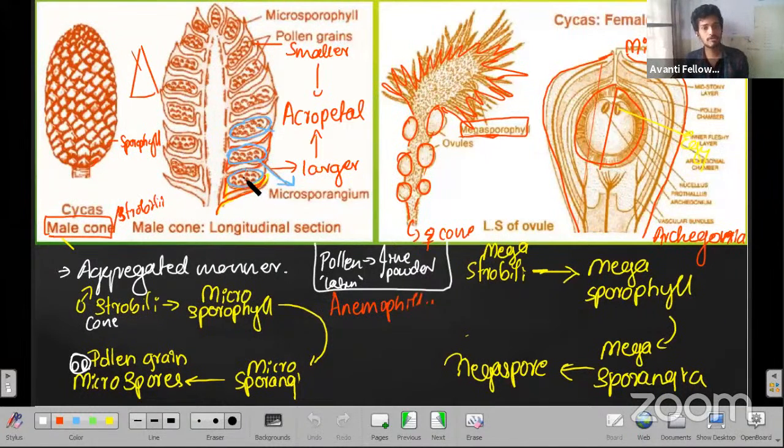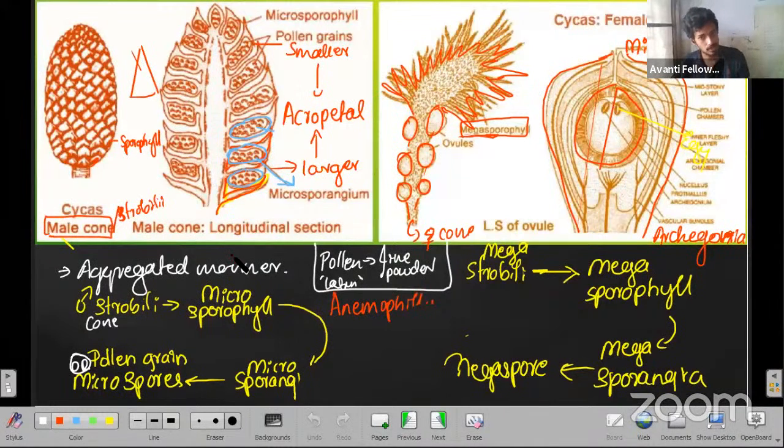Each microsporophyll contains sac-like structures containing microspores, called Microsporangia. The microspores are arranged in a basipetal manner, larger at the base and smaller at the tip. The Microsporangia contain small spores, which we call microspores or pollen grains.